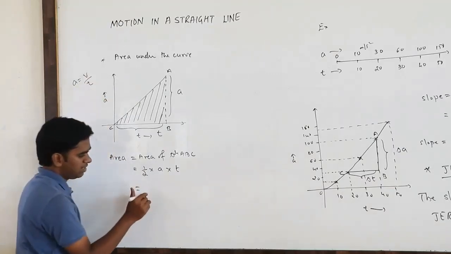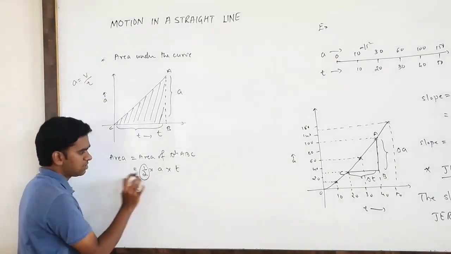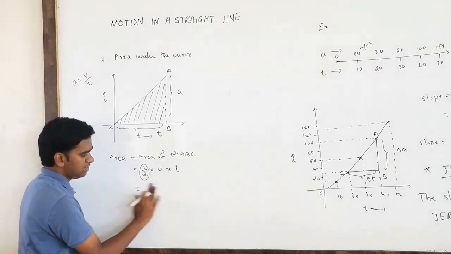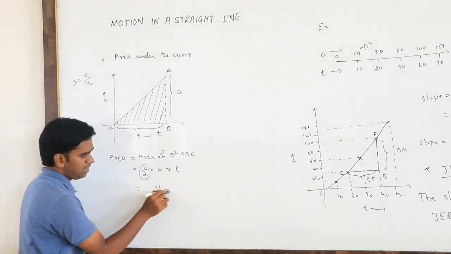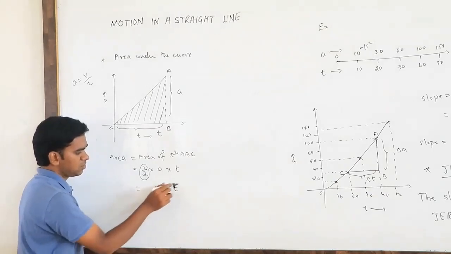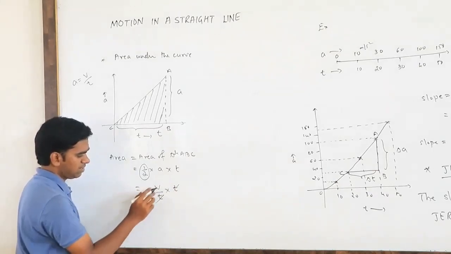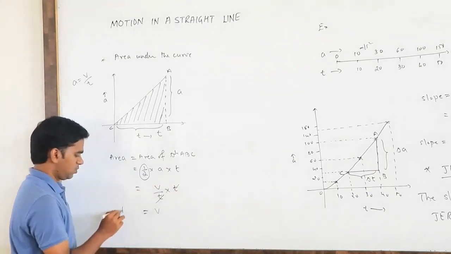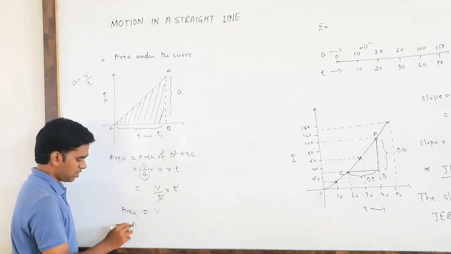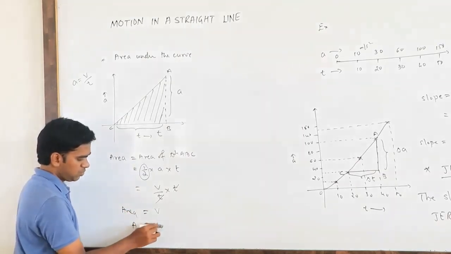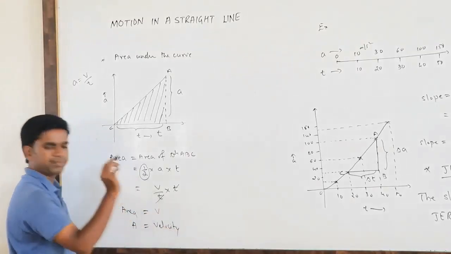So, not writing the constant, acceleration I can write as V divided by T. One more T is there, so T will get cancelled. So what you will get is V. So the area under the curve gives you velocity.